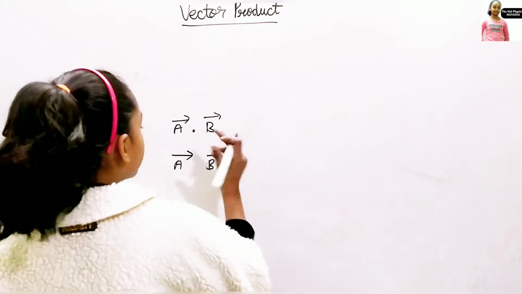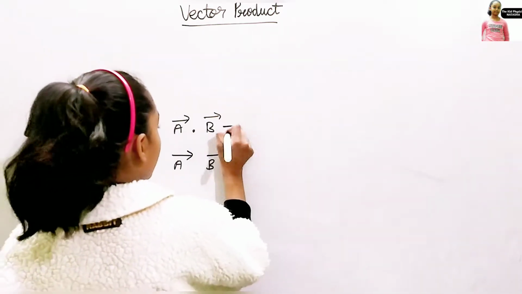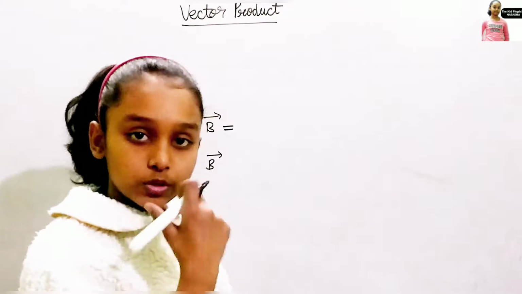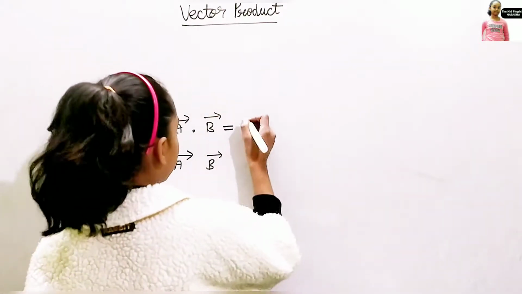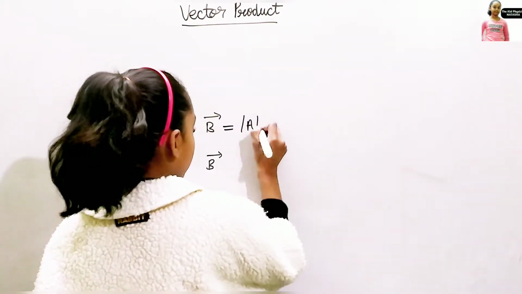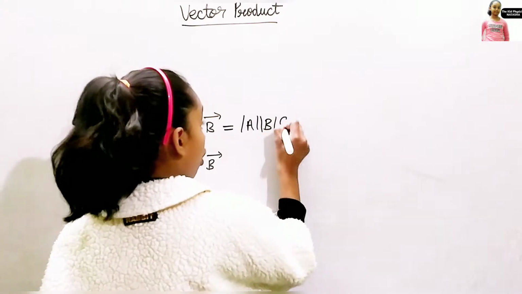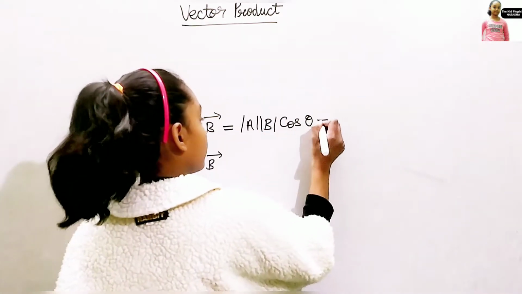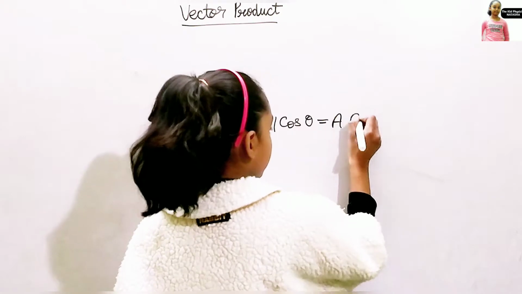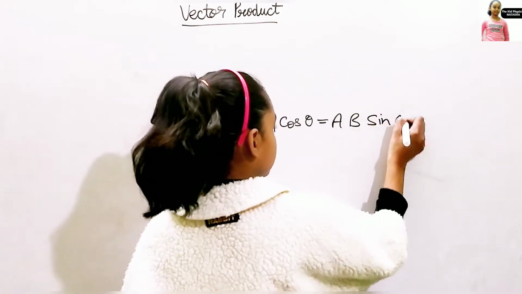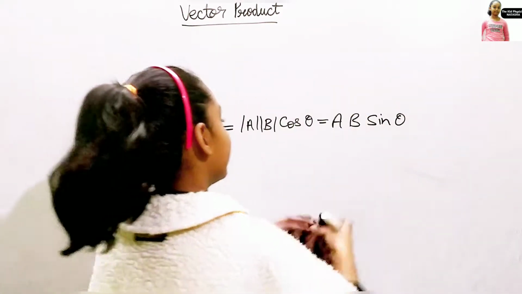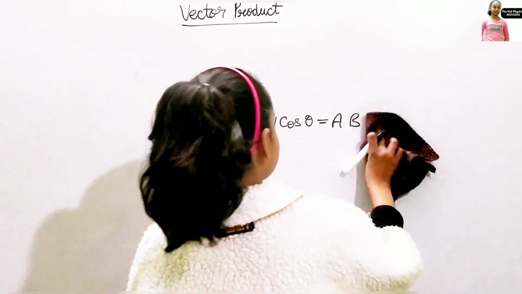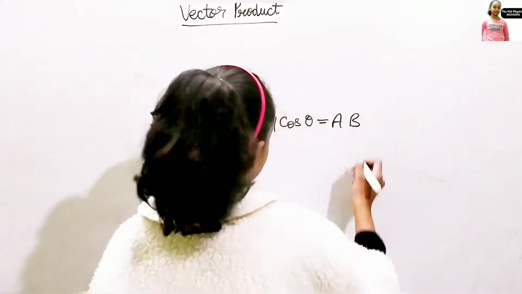So when we do dot product of two vectors, what was the formula? It was mod A mod B cos theta, or AB cos theta. Sine will be used in our cross product. I will tell you.